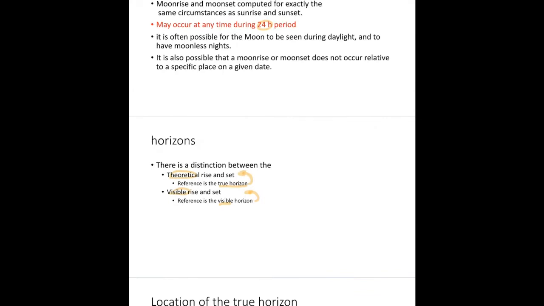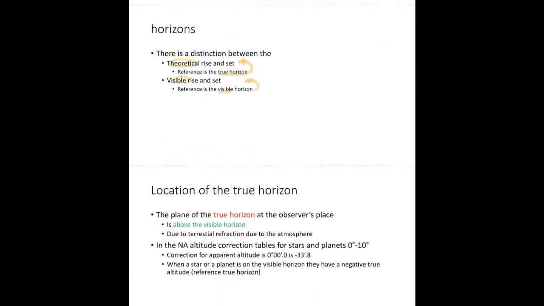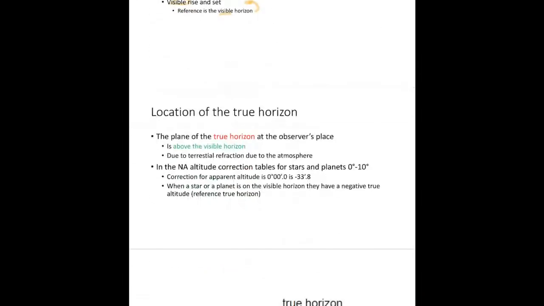Okay, so there is a difference between the visible horizon that we see and the location of the true horizon. Okay, this is because of the refraction in the atmosphere. Now what is the location of the true horizon? The plane of the true horizon at the observer's place is actually above the visible horizon, as I told you, due to terrestrial refraction in the atmosphere, excuse me.